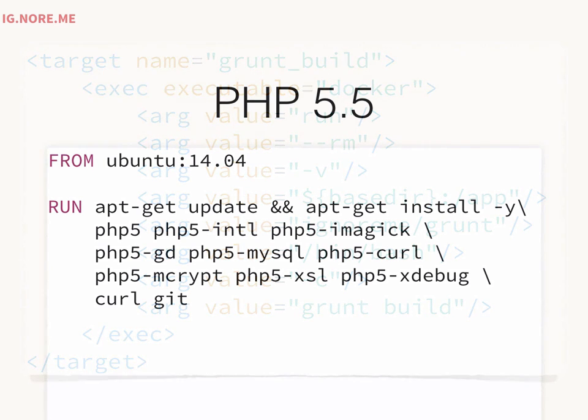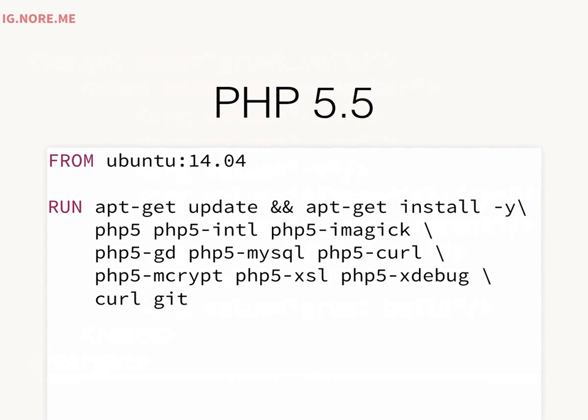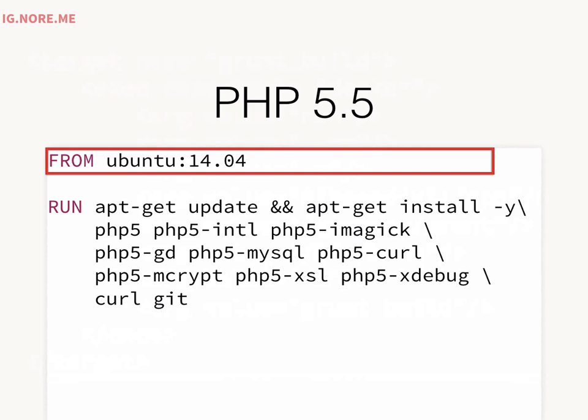Now, the Dockerfiles themselves though, how do they work? How do they look? They are quite simple. In this case, for PHP 5.5, we base it on Ubuntu 14.04. This is simply done to ensure that the Docker container matches as closely as possible the actual production environment the application will run on, as most of those will be on Ubuntu 14.04.